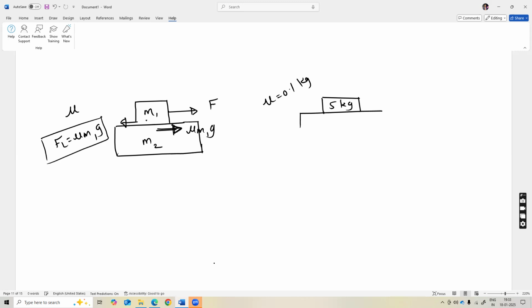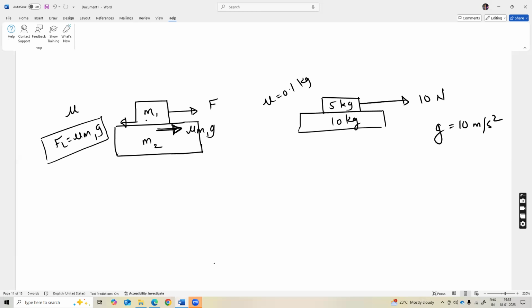let's say mu is 0.1, and this lower body is 10 kg, and you have applied a force of 10 newton on the upper body, and g is 10 meter per second square. In this case, what happens if the force applied by you is less than the limiting friction value? Let's see.